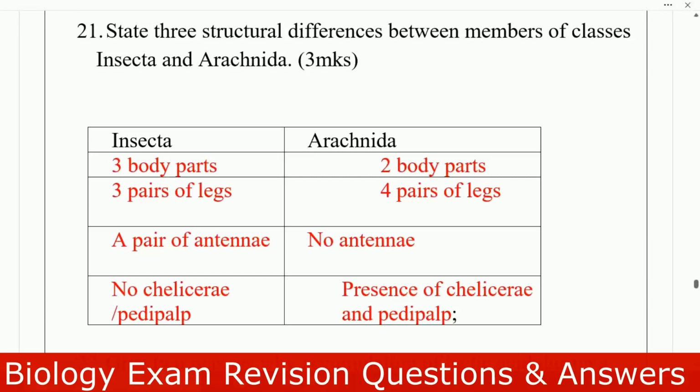Insecta have 3 pairs of legs, Arachnida have 4 pairs of legs. Insecta have a pair of antennae, the other one has no antennae. Next, no wings, the other one presence of wings.